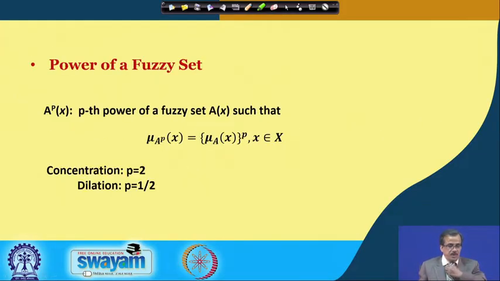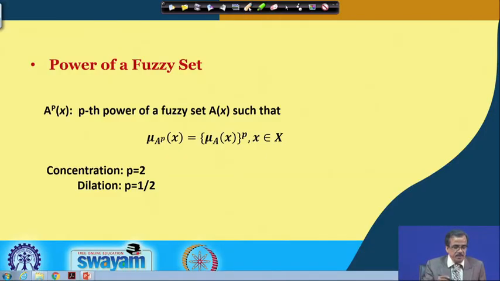Now, I am just going to consider the power of a fuzzy set. The power of a fuzzy set is defined as A^p(x), and this indicates the pth power of the fuzzy set A(x).